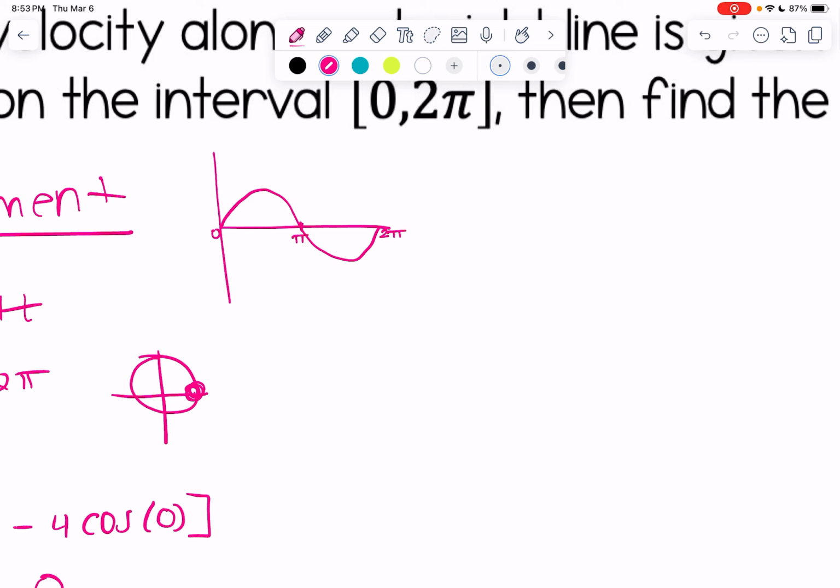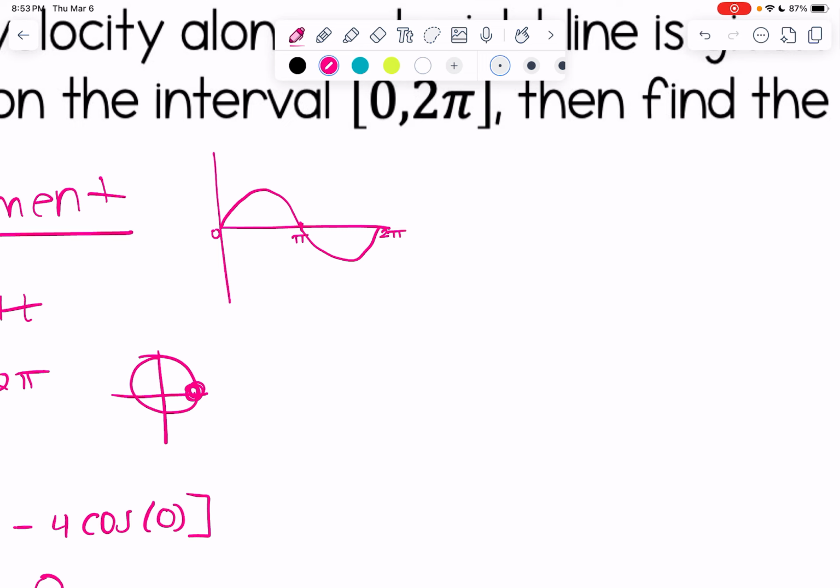So since the amount of area above the x-axis is equal to the amount of area below the x-axis, that net change, that displacement, is going to give us 0. But again, we talked about in the beginning of this video that displacement and total distance are not necessarily equal to each other. They can be, but in this case, they're not.